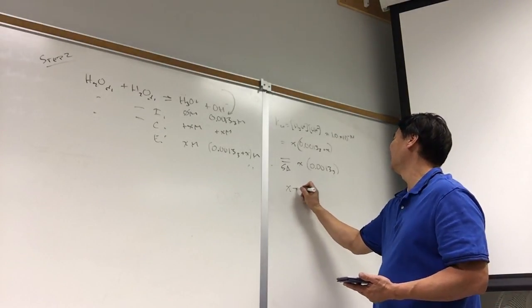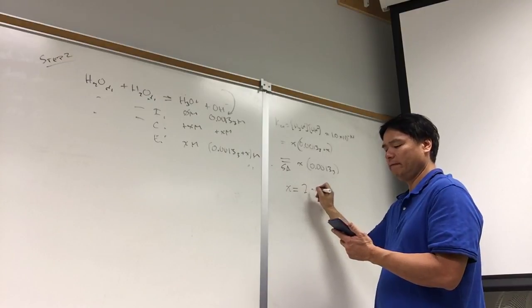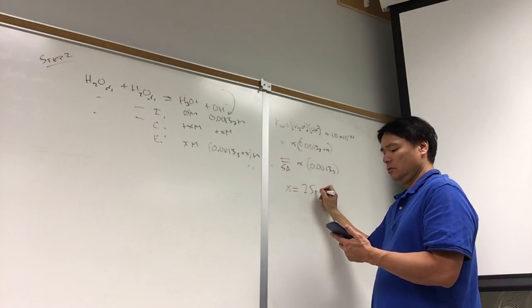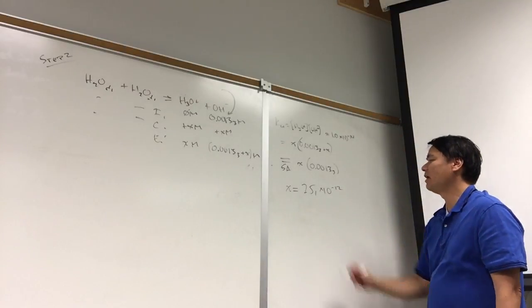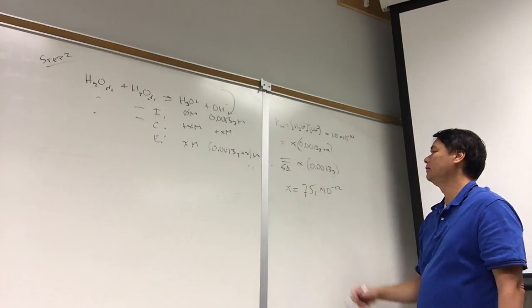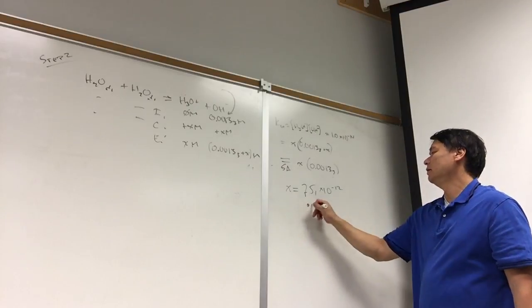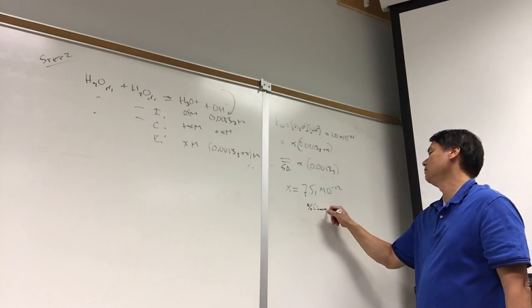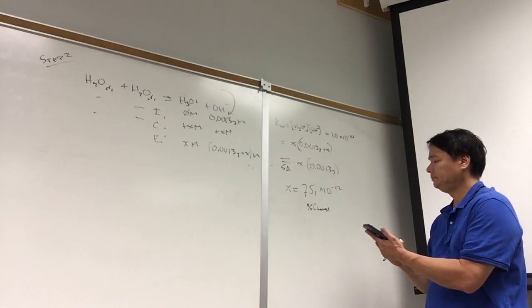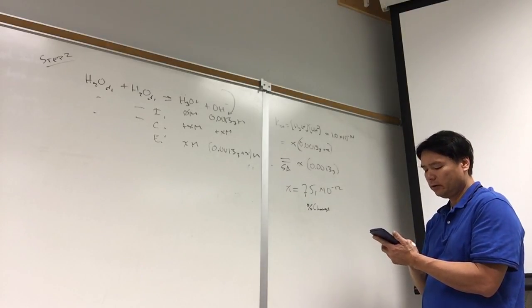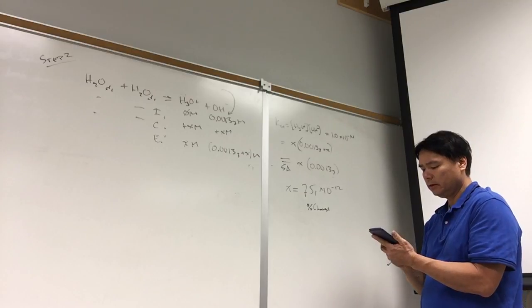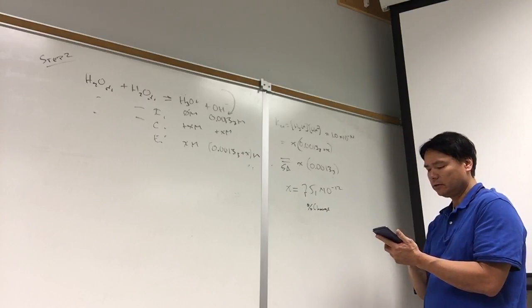And so I get an x value of 7.51 times 10 to the minus 12. Percent change is over 0.00133, so divided by 0.00133 times 100.